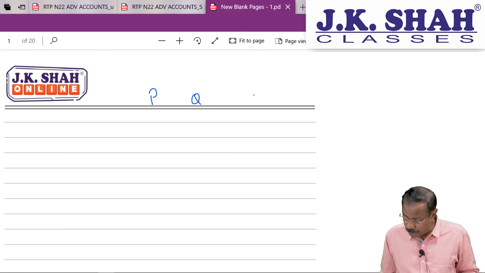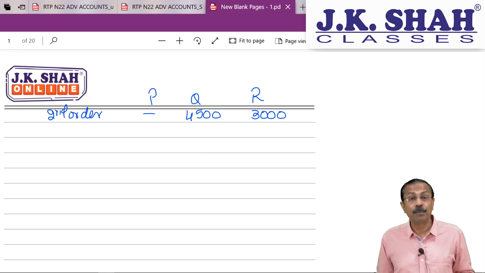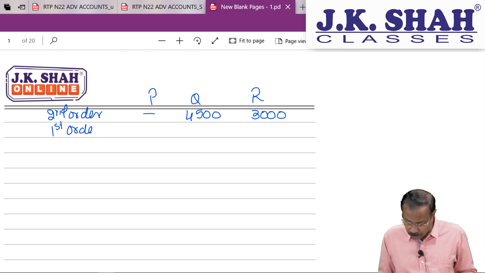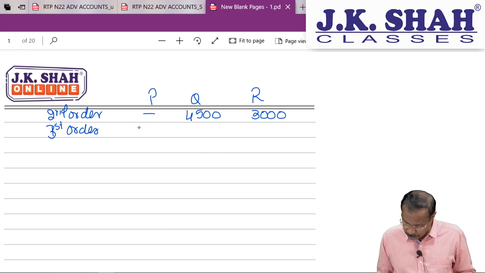P, Q, R. Second order was Q you were supposed to pay 4,500. R you are supposed to pay 3,000 rupees, remember. First order. So third order will now be 52, 39, 26.